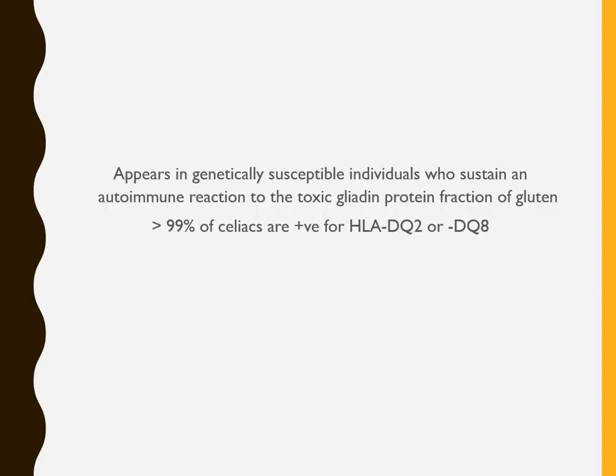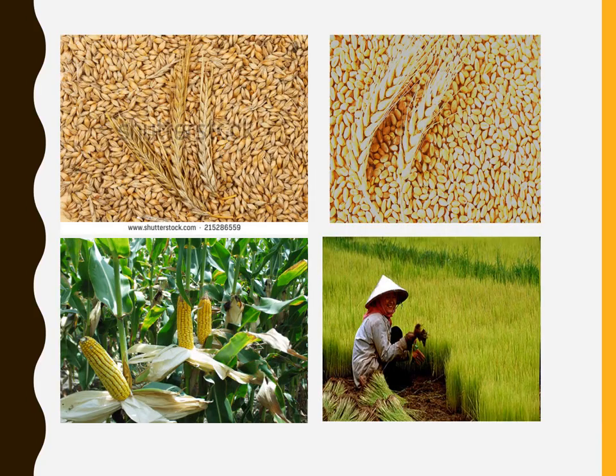Celiac disease appears in genetically susceptible individuals who sustain an autoimmune reaction to the toxic gliadin protein fraction of gluten. More than 99% of celiac patients are HLA DQ2 or DQ8 positive. Those are the grains.